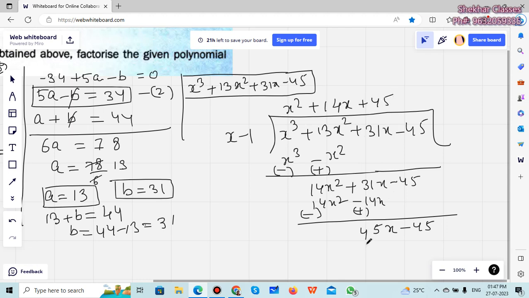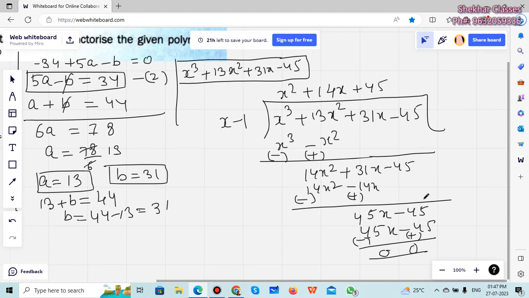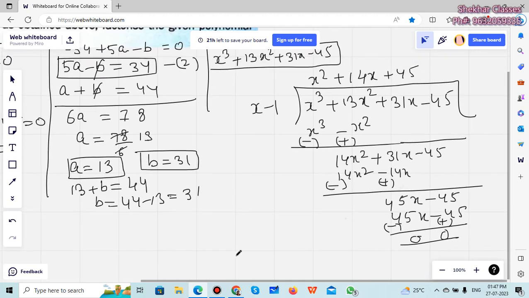So 45x minus 45. 45 into this and 45 into minus. So it is minus, this is plus, will get cancelled, and we get the remainder as 0. So what is the quotient that we get here?